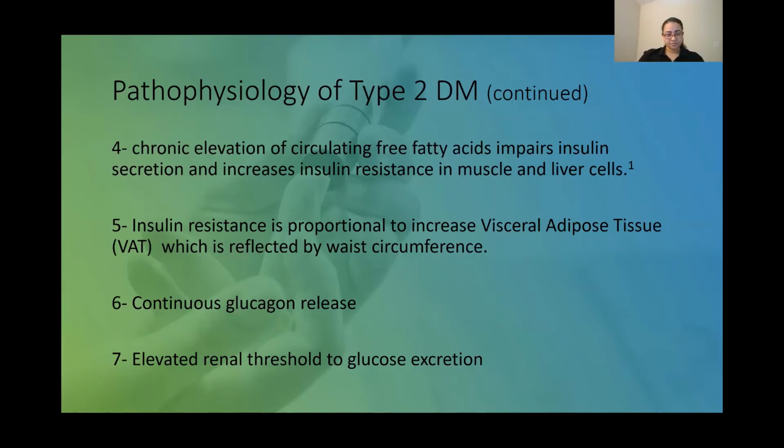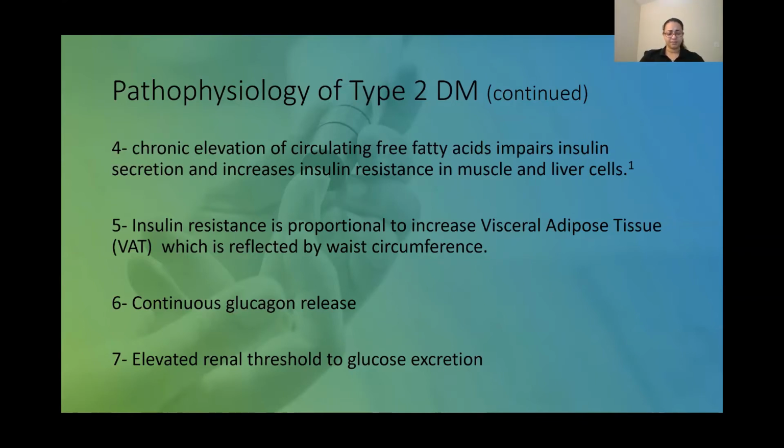The fifth mechanism is insulin resistance, which is proportional to increased visceral adipose tissue, also known as VAT, which is reflected by the waist circumference.